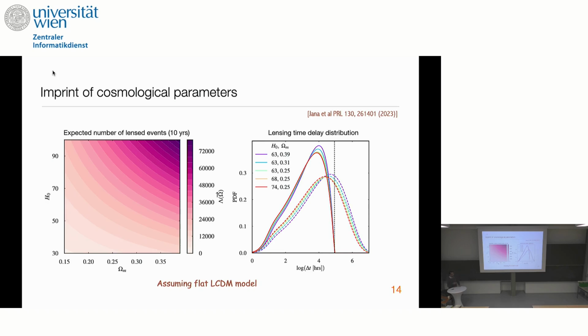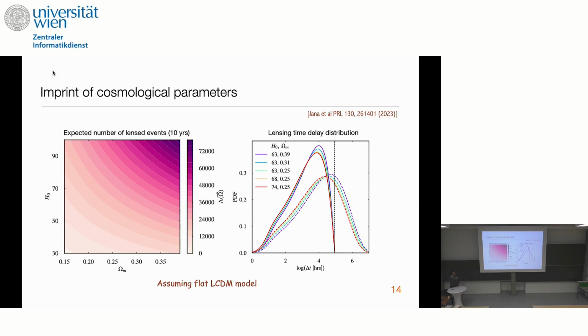And this shows how the time delay distribution, as a function of time delay in log, would change when you change the cosmological parameters. The dashed line shows the actual distribution of the lensing time delay, and the solid line shows what you would observe given a finite observing time, by factoring in the selection effects.